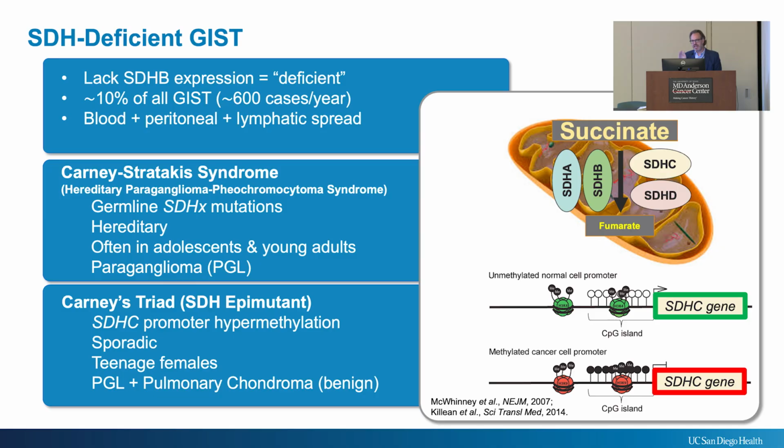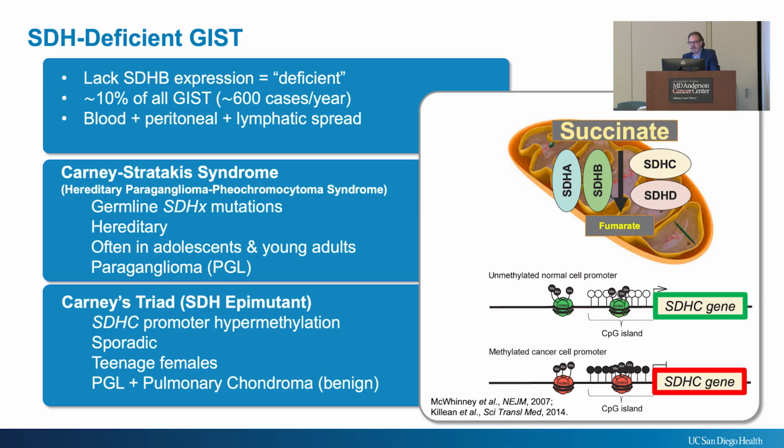So these SDH-deficient GISTs really come in 2 subtypes, if you will. There's the so-called Carney-Stratakis syndrome, or some others will call it the hereditary paraganglioma pheochromocytoma GIST syndrome. These are caused by hereditary, meaning inherited, SDH mutations that an individual receives from their parents.